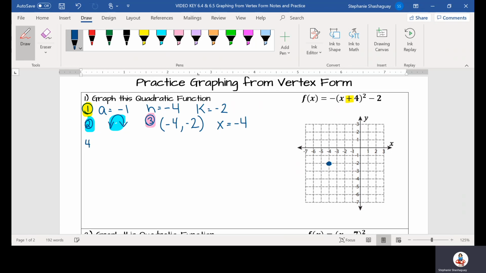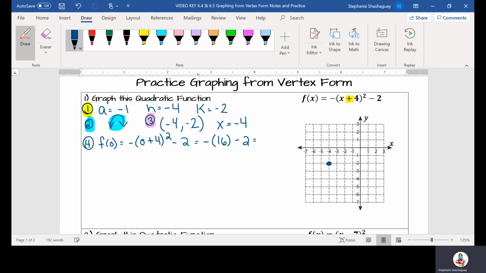Let's first find our y-intercept. So I'm going to find f of 0, and that's going to be equal to negative (0 plus 4) squared minus 2. Well, that's going to be a negative times 16, and then minus 2.